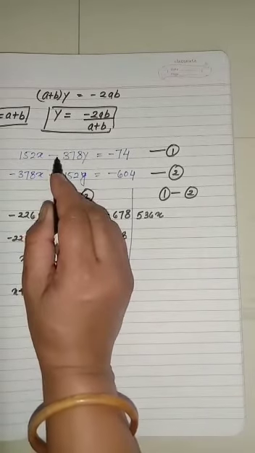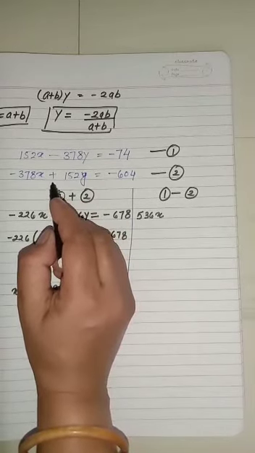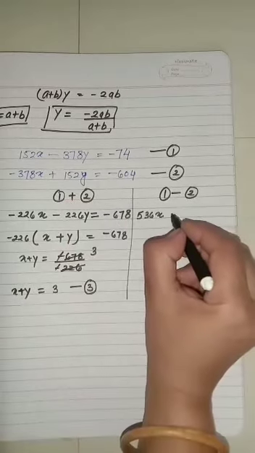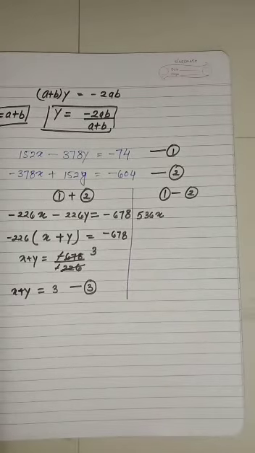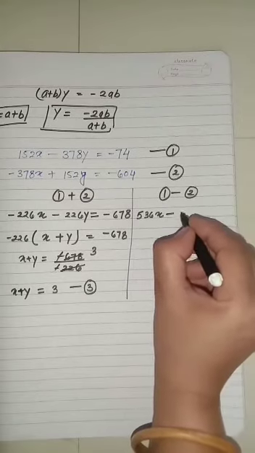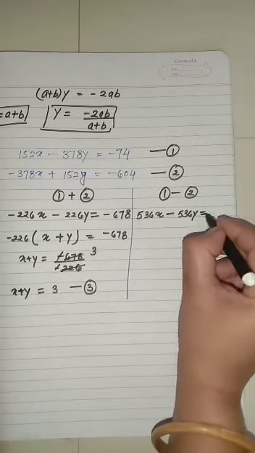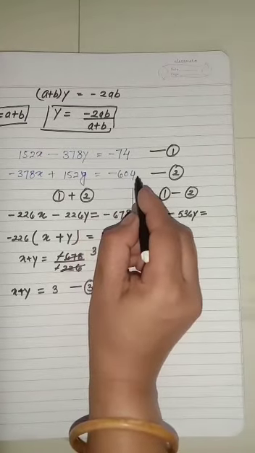Again, minus 378 minus 152, this sign will convert into minus when we subtract, and we will again get minus 530y, equals minus 74 minus minus 604.